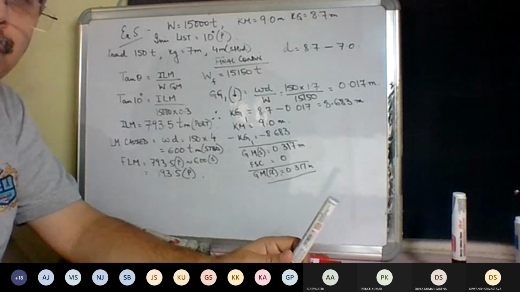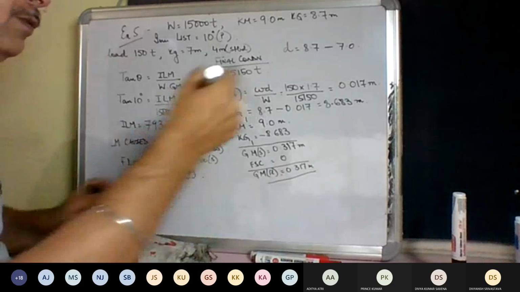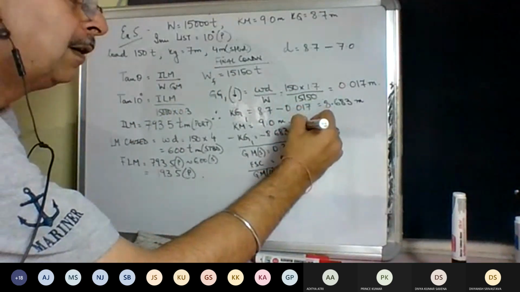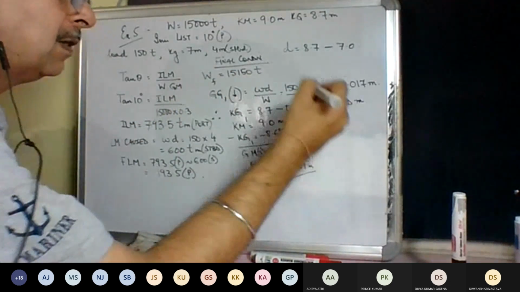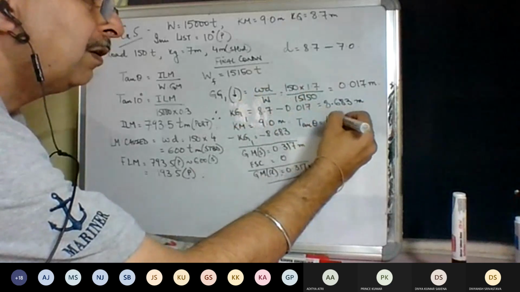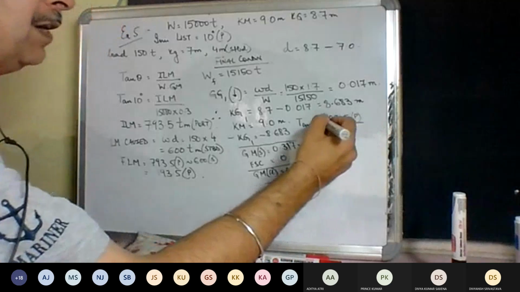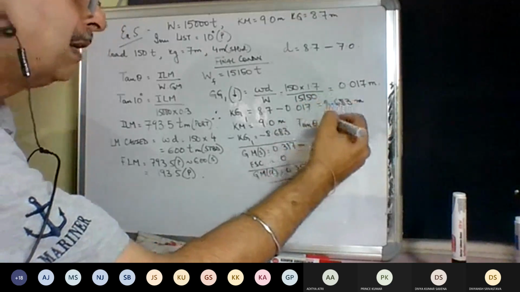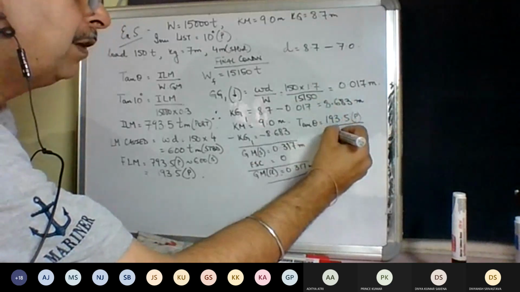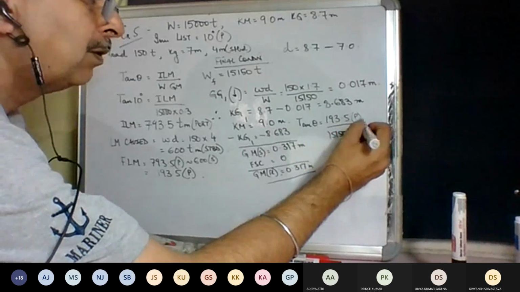Now find out the list. So final list, tan theta is equal to final listing moment, 193.5 to the port, divided by W final, 15,150 into GM fluid, 0.317.